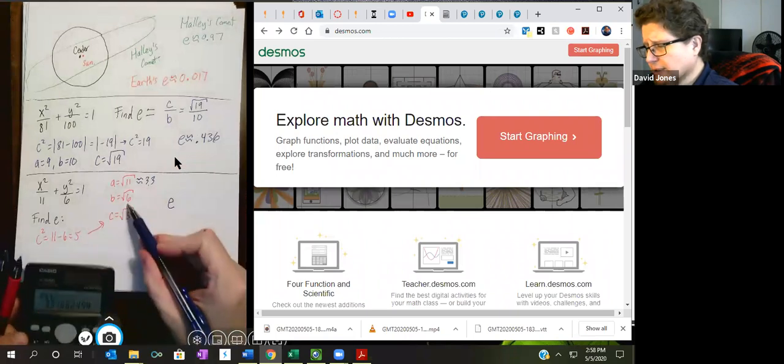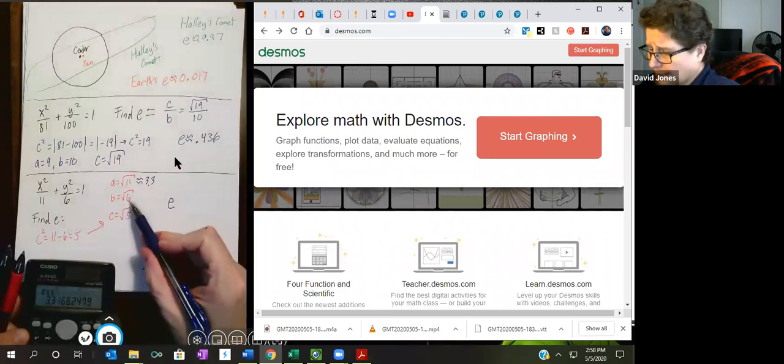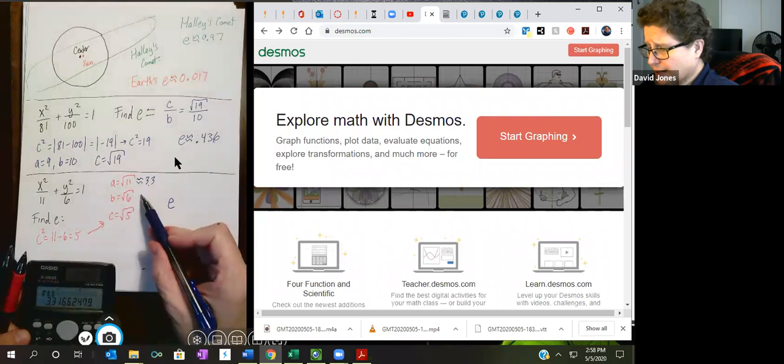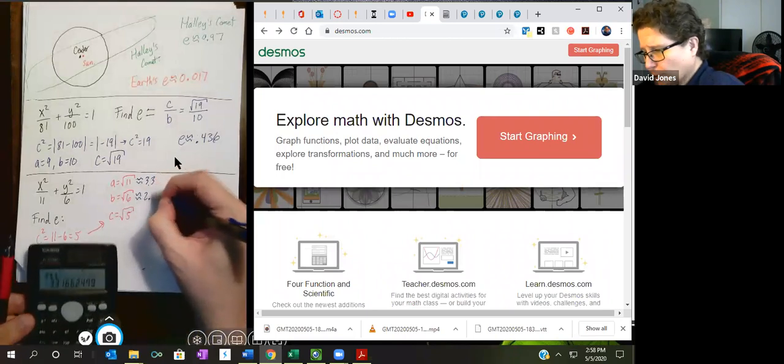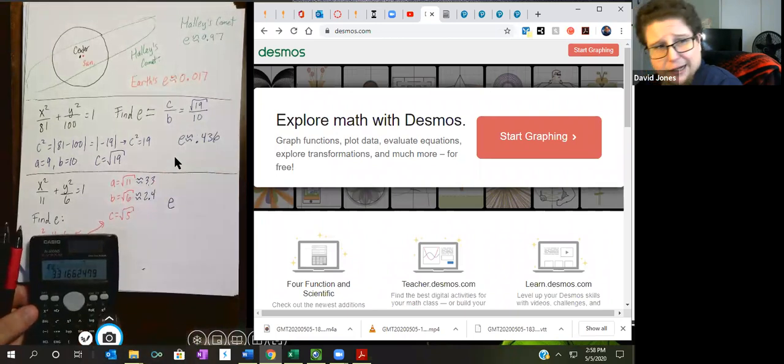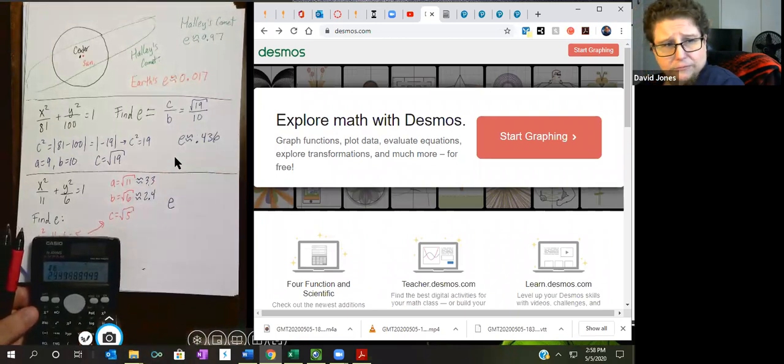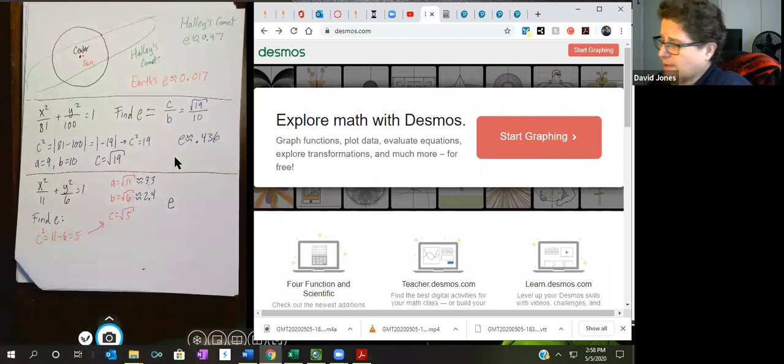Square root of 6 is a little bit above square root of 4, a little bit less than the square root of 9, but it's closer to 4. I'm guessing this is about 2.4. Let's find out. 2.449, yeah. So A is bigger.